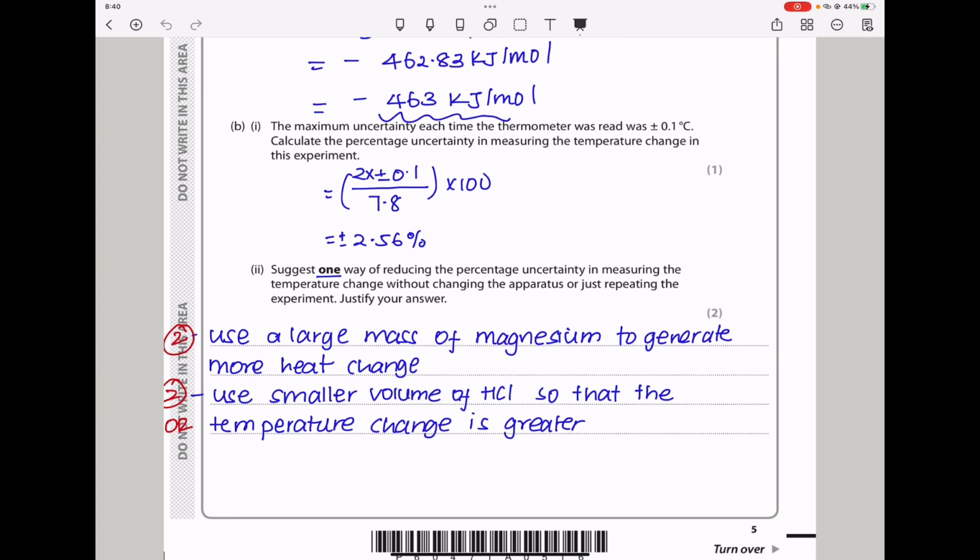It could be either by decreasing the volume of HCl used or by using a greater mass of magnesium so that more heat is generated within the same volume of solution, so that the error in measurement using the thermometer can be decreased. So I said use a large mass of magnesium to generate more heat change, or you could use a small volume of HCl so that the temperature change is greater.